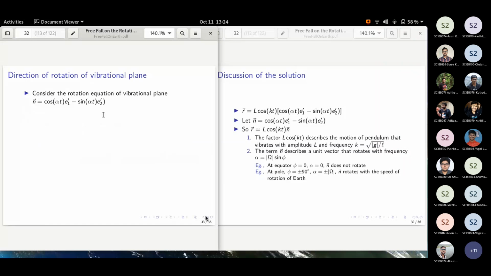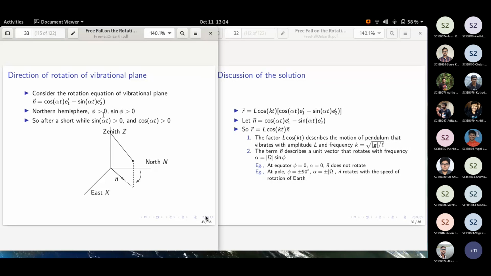Let us look at this vibrational plane. This vector cos alpha t e1 dash minus sin alpha t e2 dash represents the oscillation plane. Instead of vibration, I should say oscillation plane. In the northern hemisphere, phi is greater than 0 and sin phi is greater than 0. So this is how you can imagine initially you have set the motion.